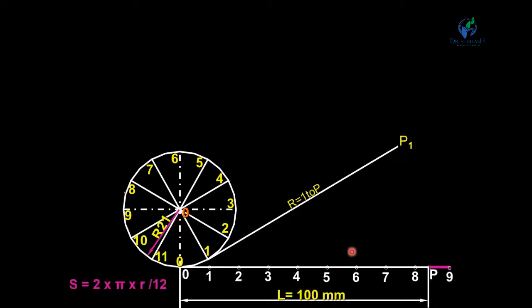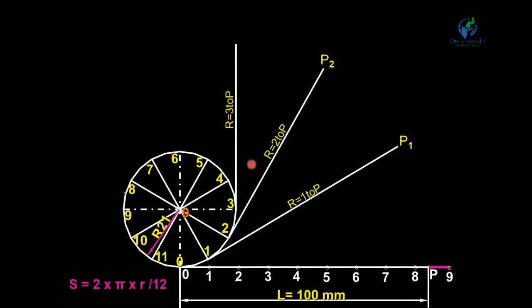Similarly, from point 2, draw a tangent which is perpendicular to the line 0, 2. Now with 2 as the center and radius equal to 2P, draw an arc, and you will get the point P2. Similarly, from point 3, draw a tangent and you will get the point P3.